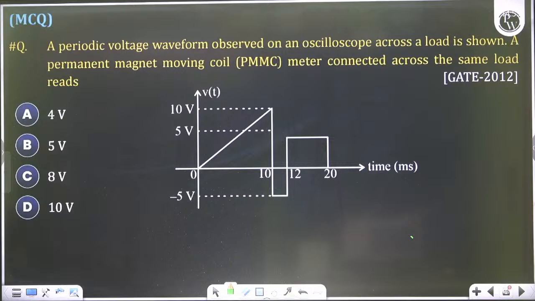So PMMC measures the average value, right? Sorry, but this is not PMMC, right? A periodic voltage waveform is observed on an oscilloscope across a load as shown. A permanent moving coil meter is connected across the same load.